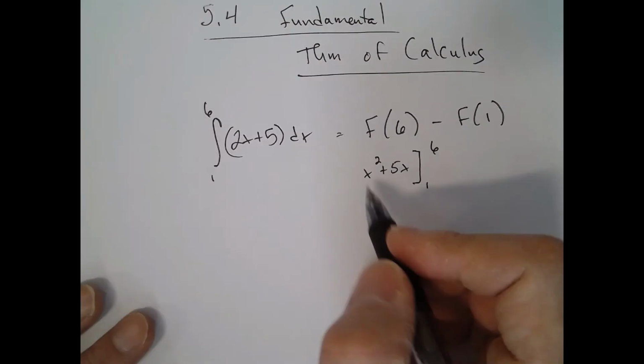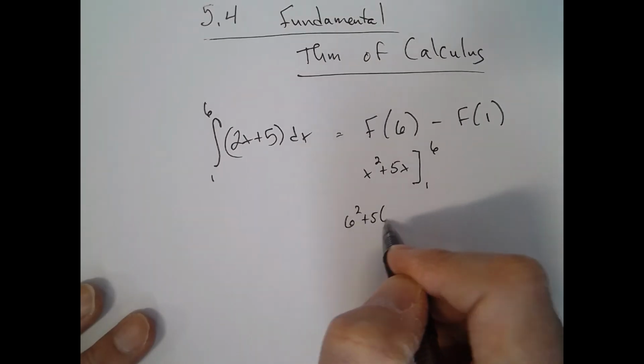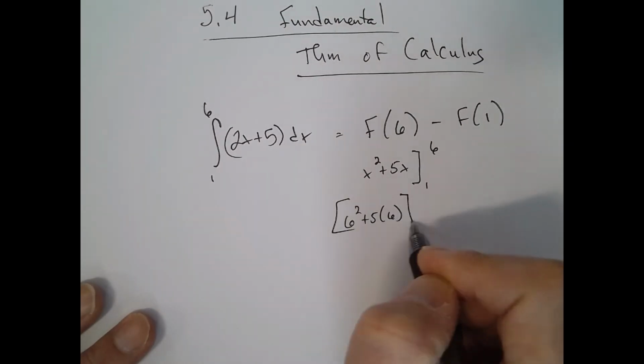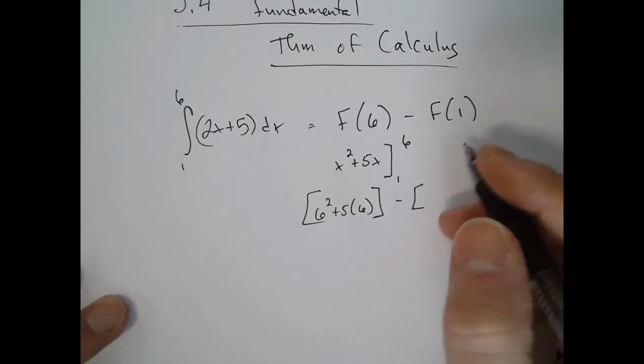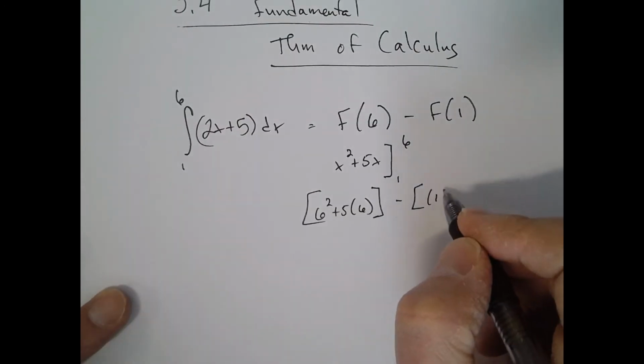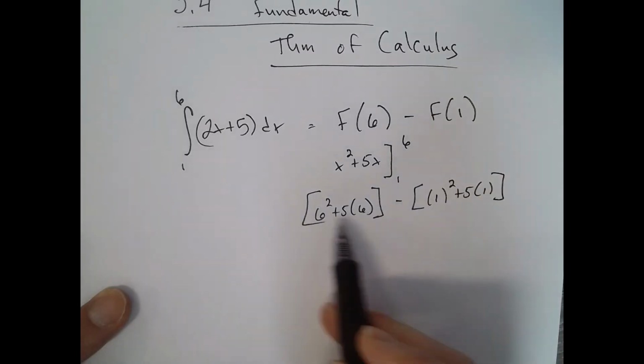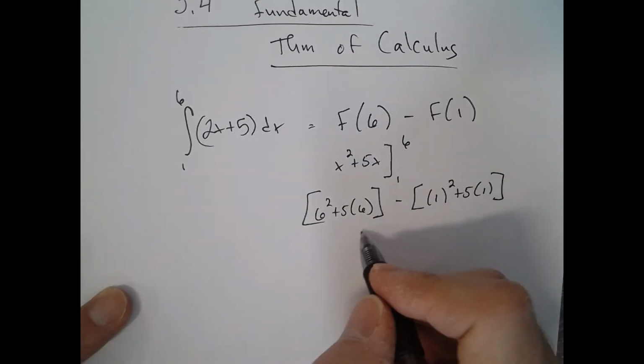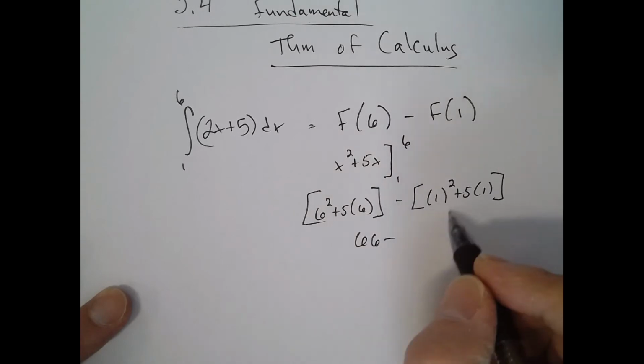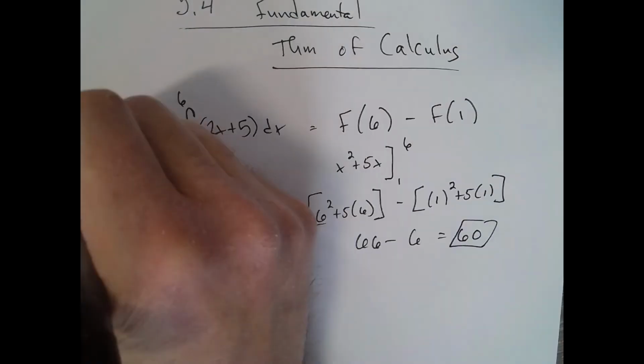So it would be 6 squared plus 5 times 6 minus 1 squared plus 5 times 1. So 36 plus 30, 66 minus 6, looks like. So we get 60.